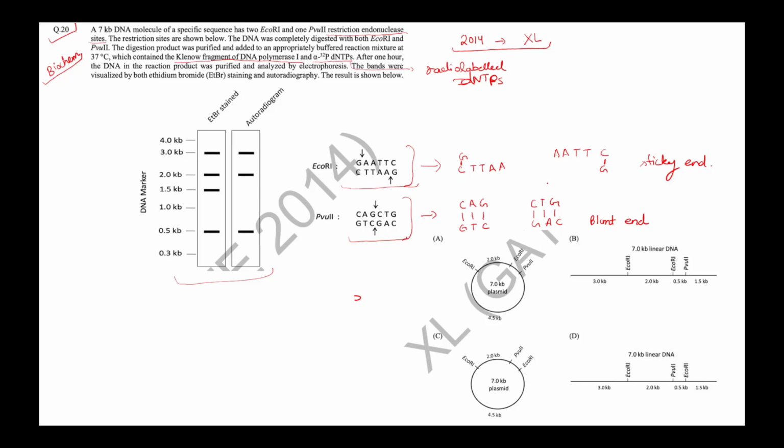As these PvuII ends are already blunt ends, Klenow fragment will have no activity. Klenow fragment will not perform any work on this particular generated fragment, but on this one, the Klenow fragment will perform the polymerase activity, because these are 5 prime overhangs.